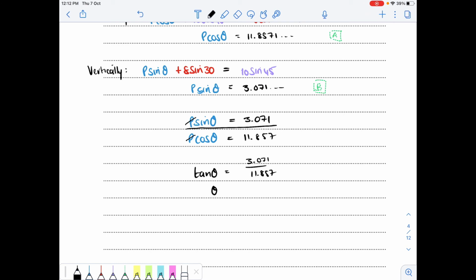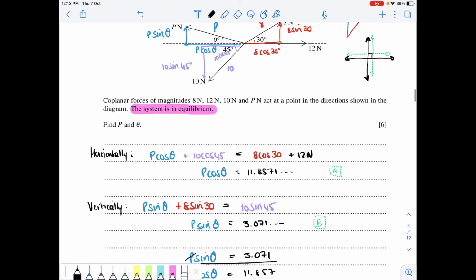So on our calculator, what we're going to do is actually go tan inverse, and we're going to look at the values. 3.07, that was B, and obviously you're not writing this, this is just the thought process for your calculator, and 11, that was your A. So I would, on my calculator, say shift tan, I'm going to go alpha B divide by alpha A, and that's going to give me 14.52085, etc. So this is degrees, because the angles we were given were in degrees.